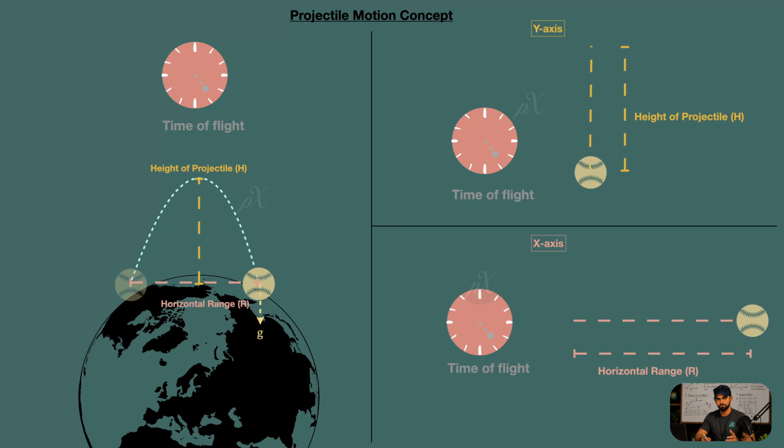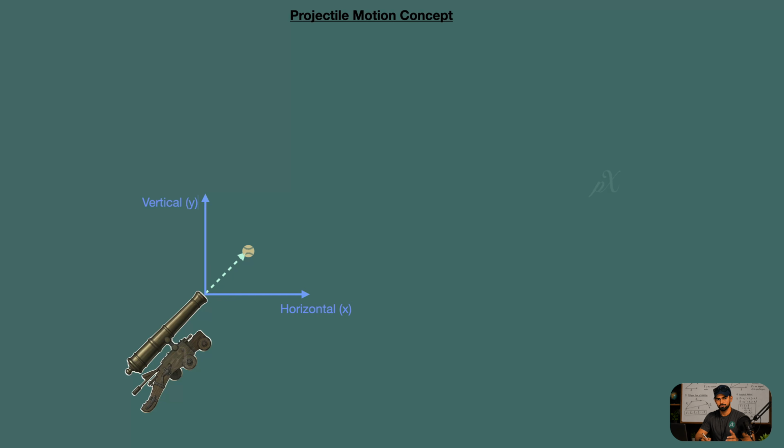So, whenever we study projectile motion, we usually break the motion into two separate parts, the horizontal component and the vertical component. This is the velocity of the ball, and we can split this velocity into two components. The first one is the horizontal velocity.